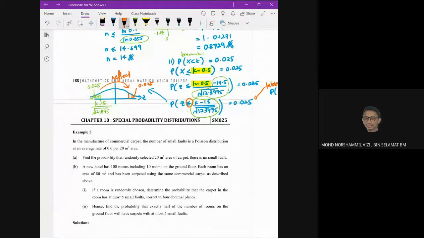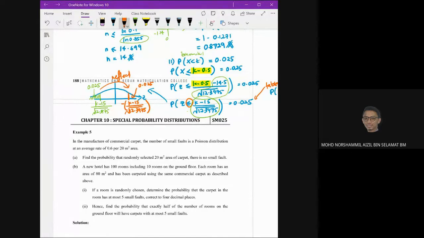So this ini akan jadi apa nanti? This part here will be negative of K minus 15 over set 12.3975. Boleh faham tak? Kita reflect dia. Maksudnya kalau sebelah kiri tu negatif 2, pindah belah kanan negatif 2, jadilah 2.